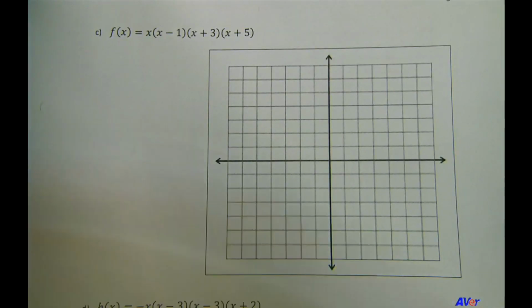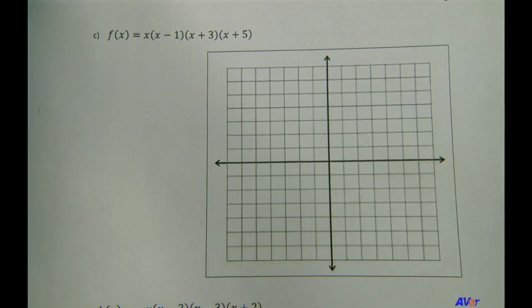Okay, once again, this is nice because the expression is already in factored form, right? So we can go directly to our x-intercepts.